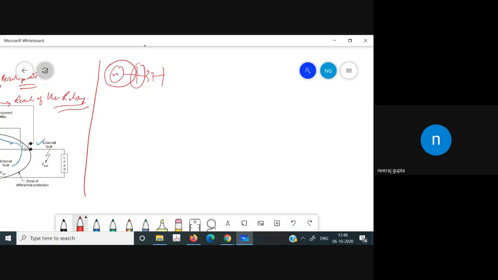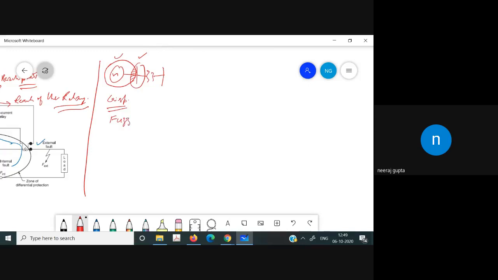There is some overlapping between them. This is the bus bar and this is the generator, so there is some overlapping area between these two. It means that the boundaries between the protected systems are not crisp. You can say that it is fuzzy. Fuzzy means that it is not crisp.